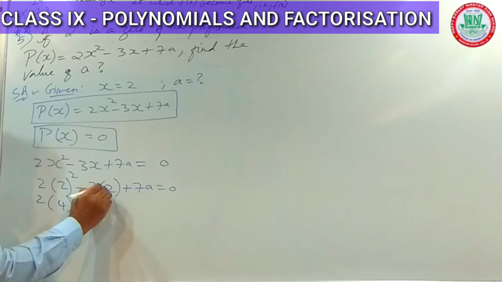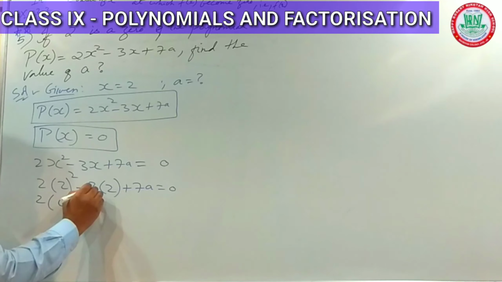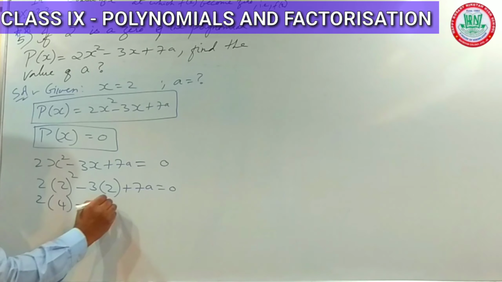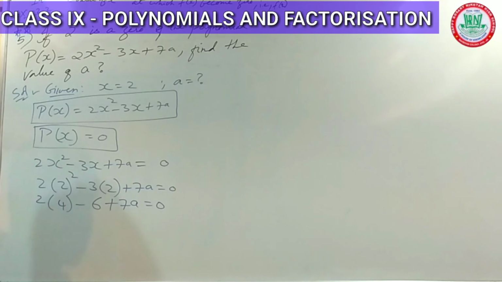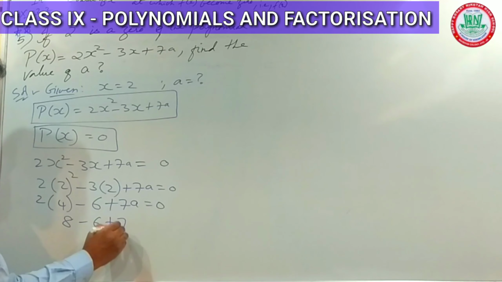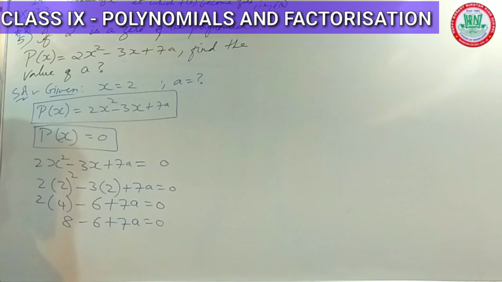Minus 3 into 2, because the bracket is there, so we multiply: 3 2s are 6, plus 7a equals 0. Now 2 into 4 is 8, minus 6, plus 7a equals 0. 8 minus 6 is 2. So 2 plus 7a equals 0.